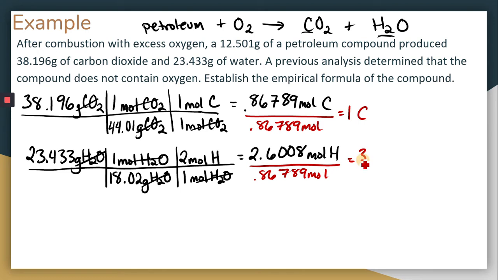And we have 3, that rounds nicely to 3 hydrogens. So the empirical formula for the petroleum is CH3. So again, the reason we can do that is because all of the carbon and all of the hydrogen on the product side could only come from the petroleum.